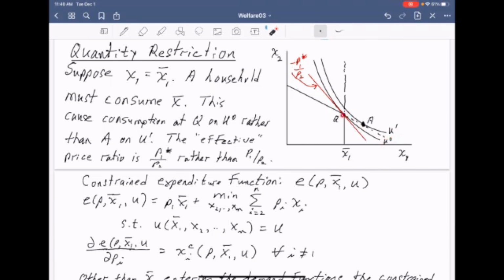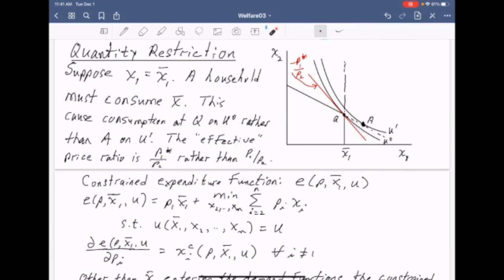So we're forced to Q on U0 rather than A at U1. What we have here is a price line that stops here but actually continues as a dotted line down here, and we would go to A if we had the opportunity to purchase beyond X1 bar. But we can't do that.